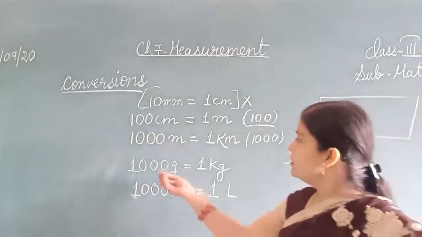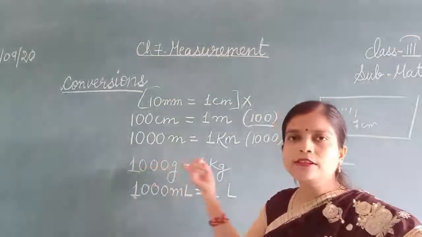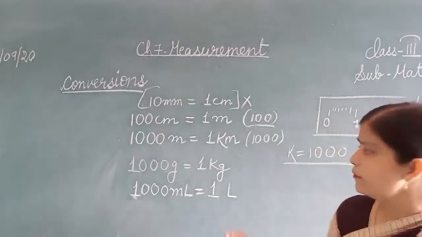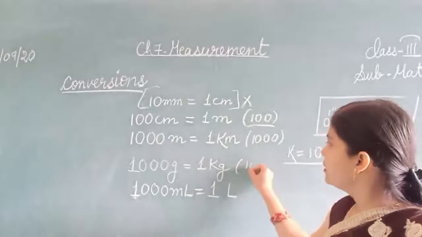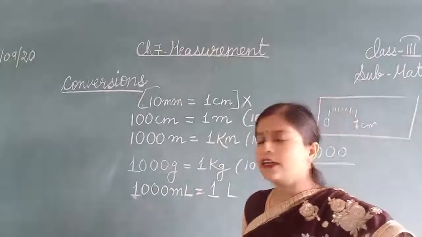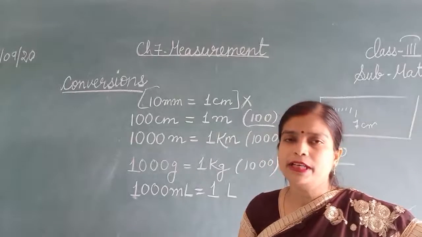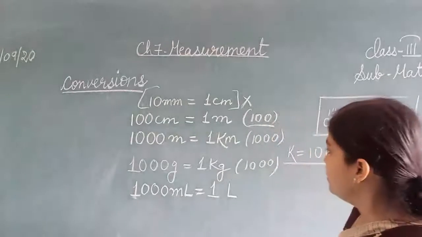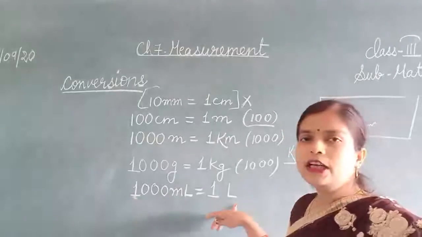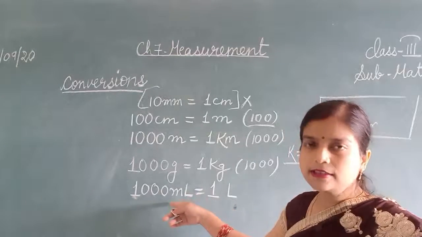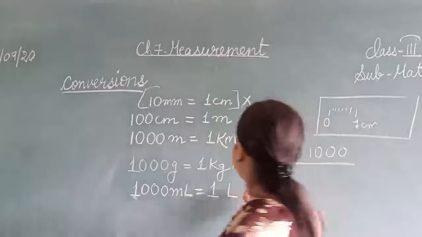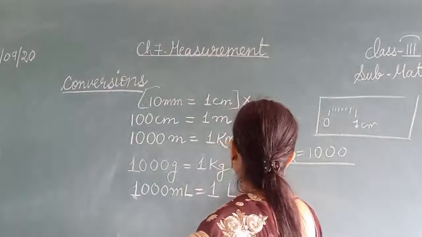Again, when we have to convert gram into kg, we have to divide by 1000 only. And when we have to convert kg into gram, we have to multiply by 1000. When we convert milliliter into liter, we have to divide by 1000, and when we convert liter into milliliter, we have to multiply by 1000.